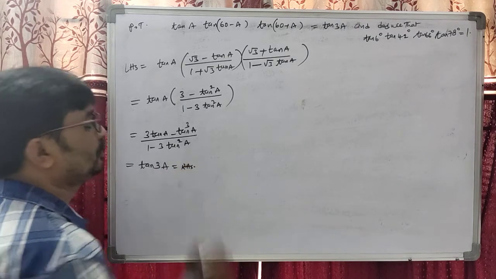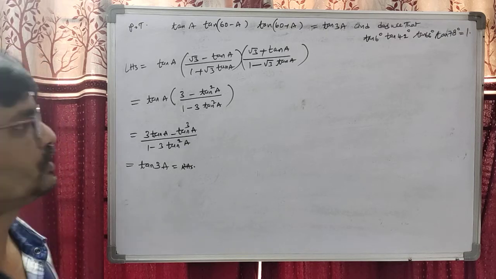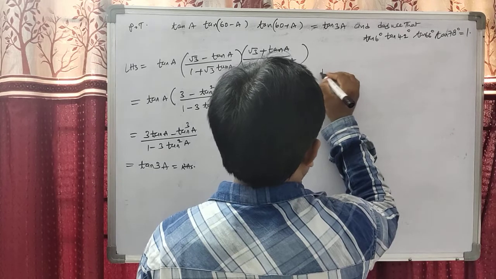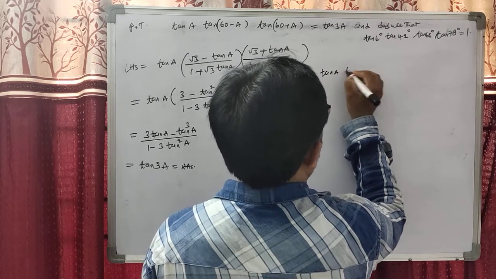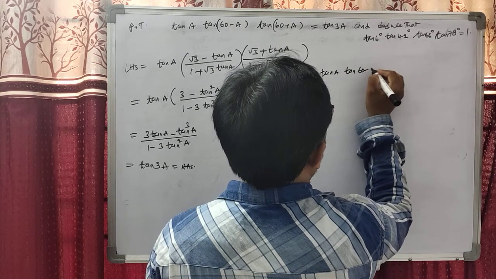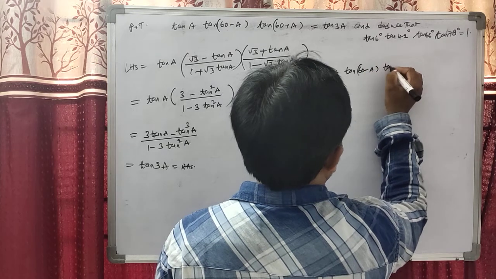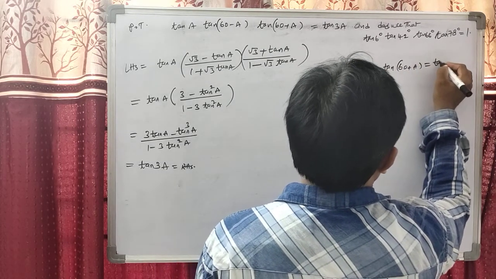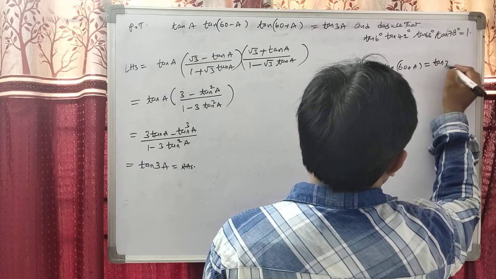Now students, we can write this as tan a, tan(60 minus a), tan(60 plus a) equal to tan 3a.